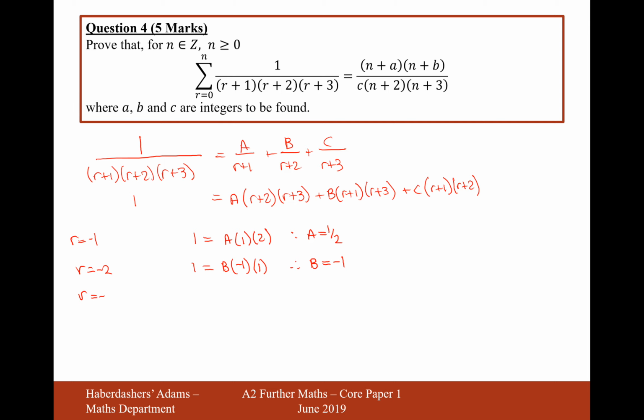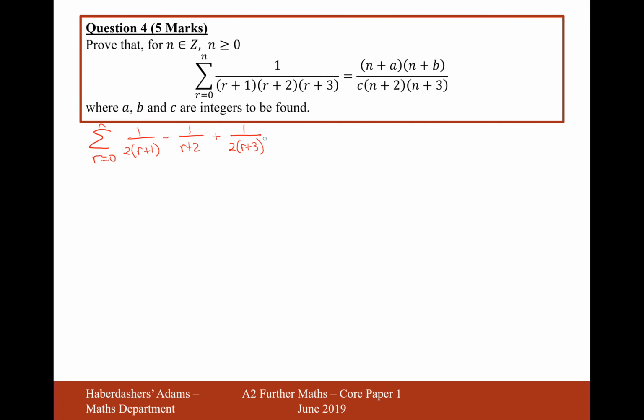And substituting r equals minus 3 in, that's going to give us 1 equals c lots of minus 2 times minus 1, which is going to give us c equals a half. So therefore our summation is now 1 over 2(r plus 1) minus 1 over (r plus 2) plus 1 over 2(r plus 3), from r equals 0 to n.